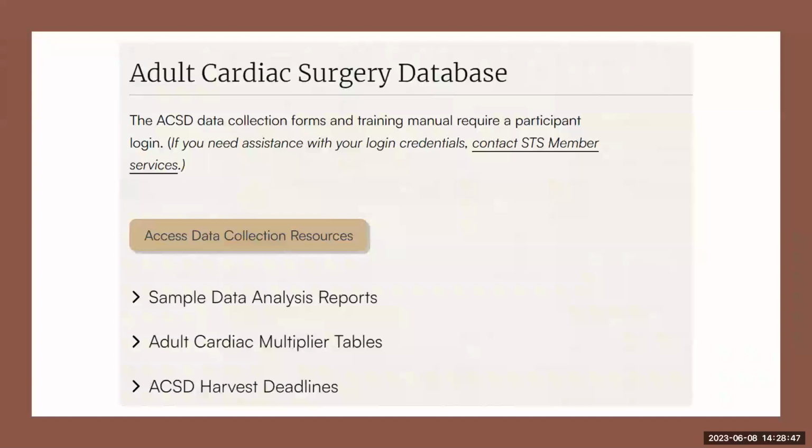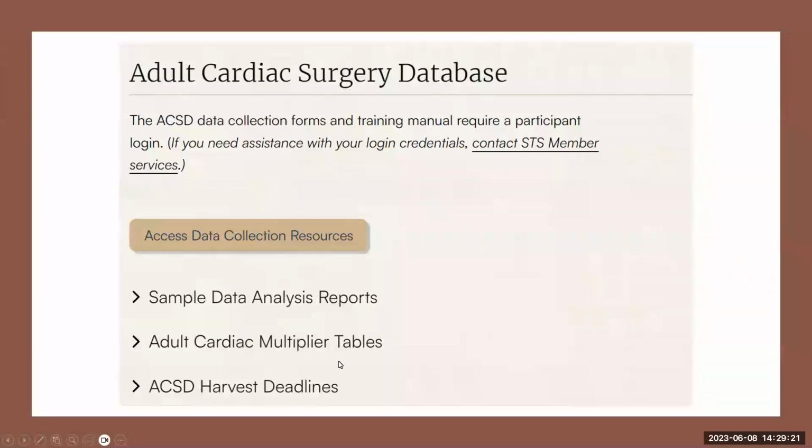So if you are interested in using STS risk adjustment locally at your particular site, there's a calculation in the overview of the data analysis report, which we will talk about later in this call. But these are the multiplier tables that you will use in your calculation. And this is where they live now. For those of you ambitious ones who do that.